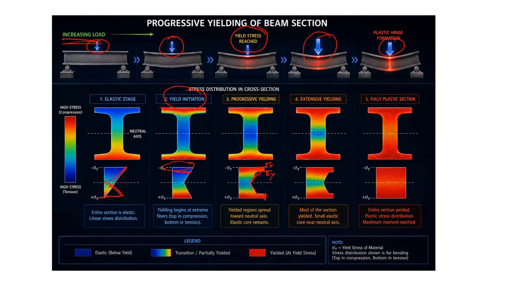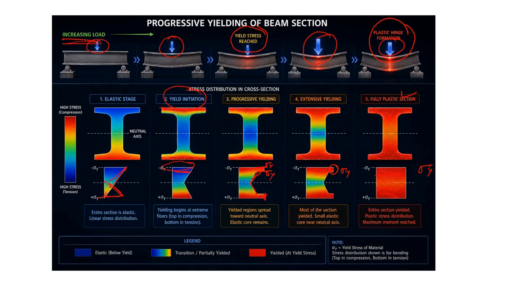What will happen? Now more fibers are getting stressed to the value of sigma y, and like this, what will happen at this particular load? The full section will become plastic. That means all the fibers have now reached their yield stress, that is sigma y, right?